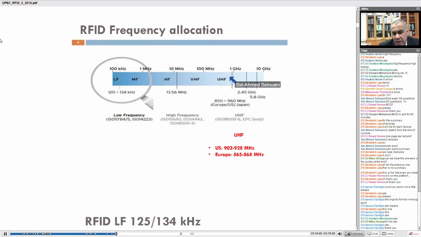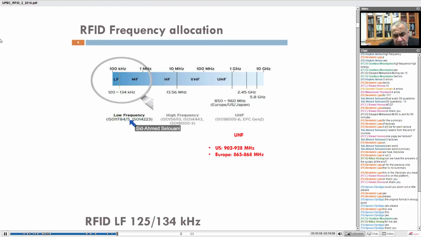If we use applications in low frequencies, we speak about low frequency RFID, then high frequency RFID, UHF RFID, and microwave RFID. In low frequency RFID, the frequencies used are 120 to 134 kilohertz.